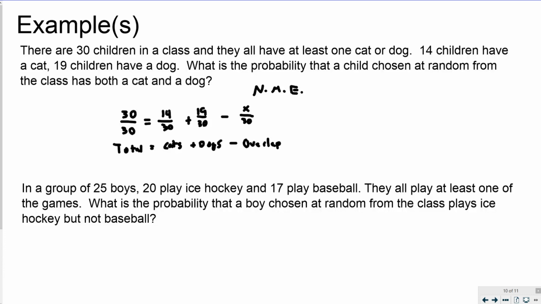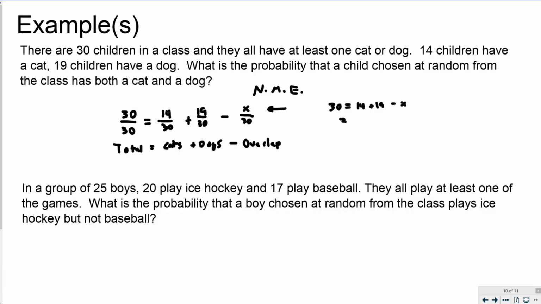So because we're just adding fractions here, none of these 30s on the bottom matter. So we basically just need to solve the equation on the top. So we have 30 equals 14 plus 19 minus x.